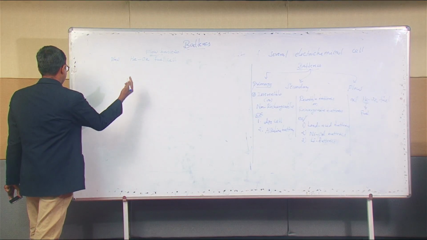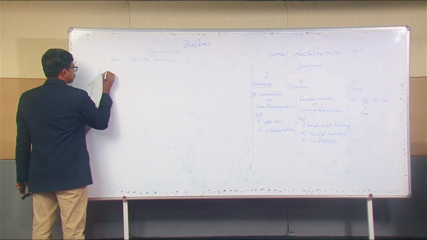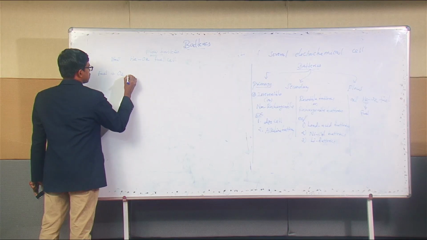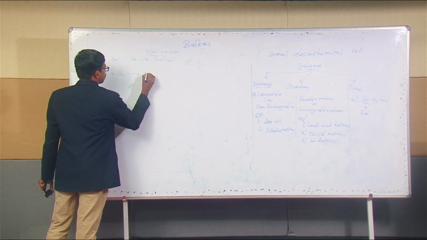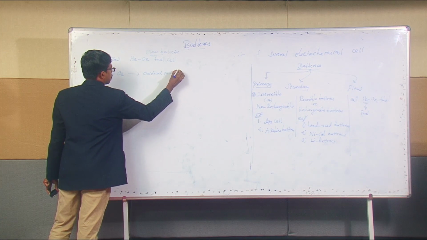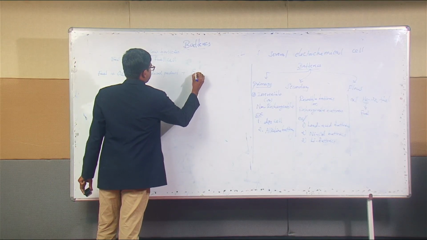So in this case, for example, one kind of fuel is oxidized in the presence of oxygen, giving the oxidized product and giving energy also. It's a common reaction of a flow battery.